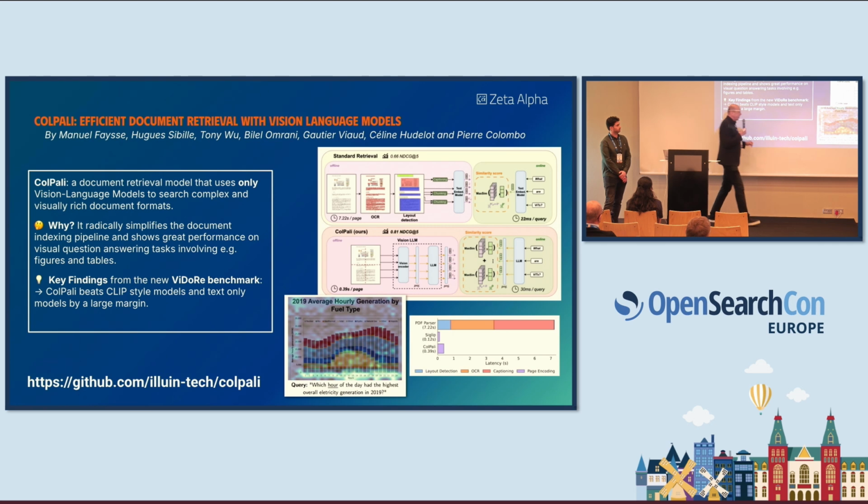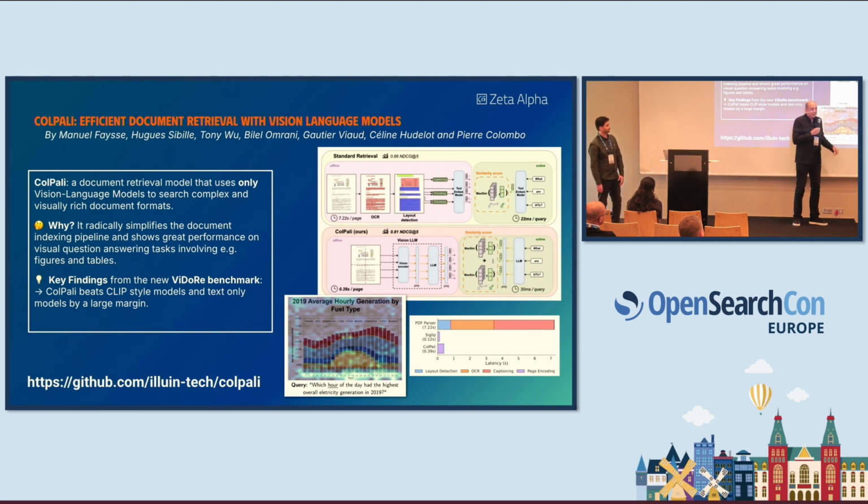And in this picture here, you can see that the traditional pipeline using a PDF parser is not only very complex and hard to maintain, but it's also very slow. It takes about 7 seconds to process a PDF, whereas with this ColPali model, it takes only about 0.4 seconds. And they showed that this radically simplifies the pre-processing pipeline, but it also allows you to answer very complex questions about, for example, this graph here.